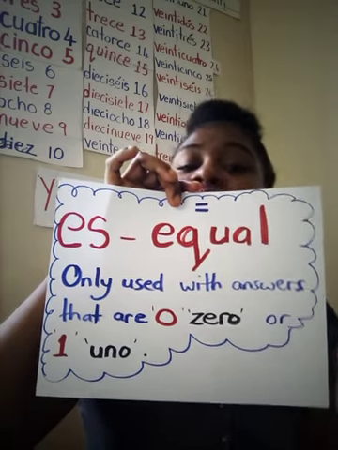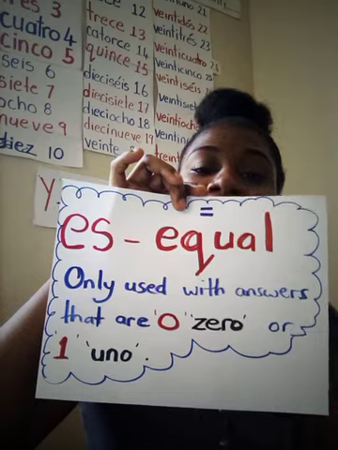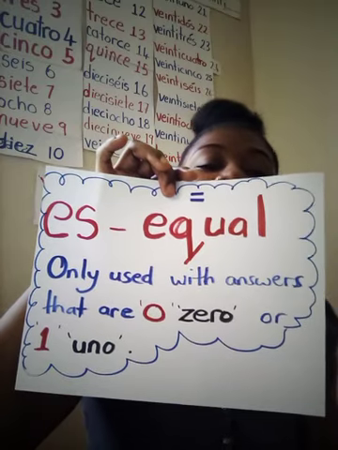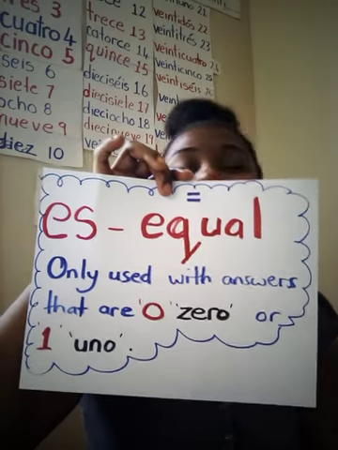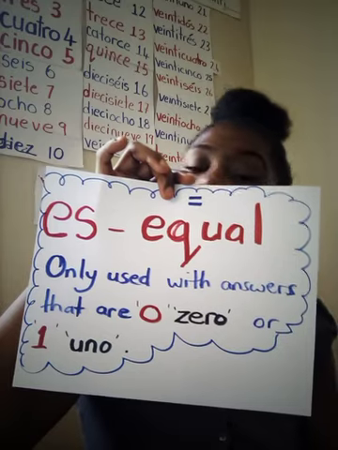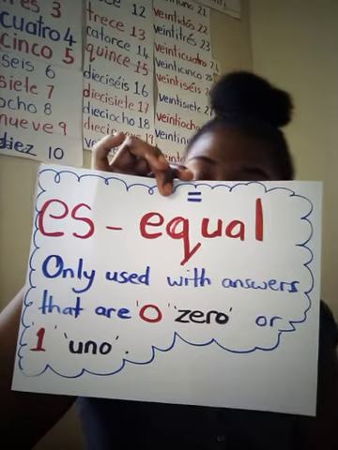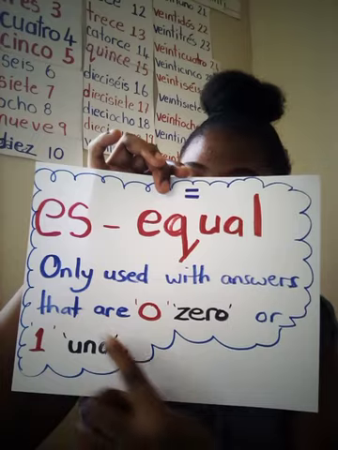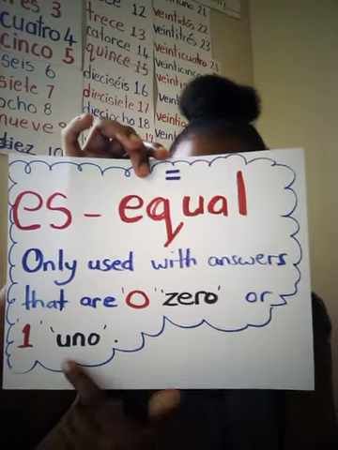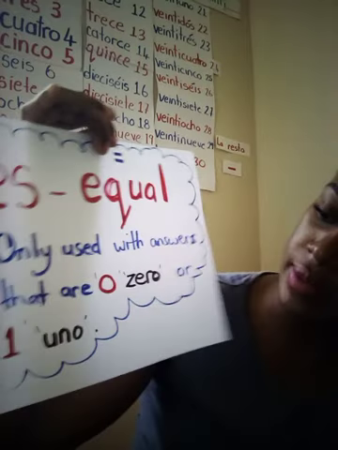So the word 0 in Spanish is cero, C-E-R-O. All you do is change the Z to the letter C. So the Z for zebra becomes a C for cow, okay? And that is cero for 0, and there's uno for 1, okay?